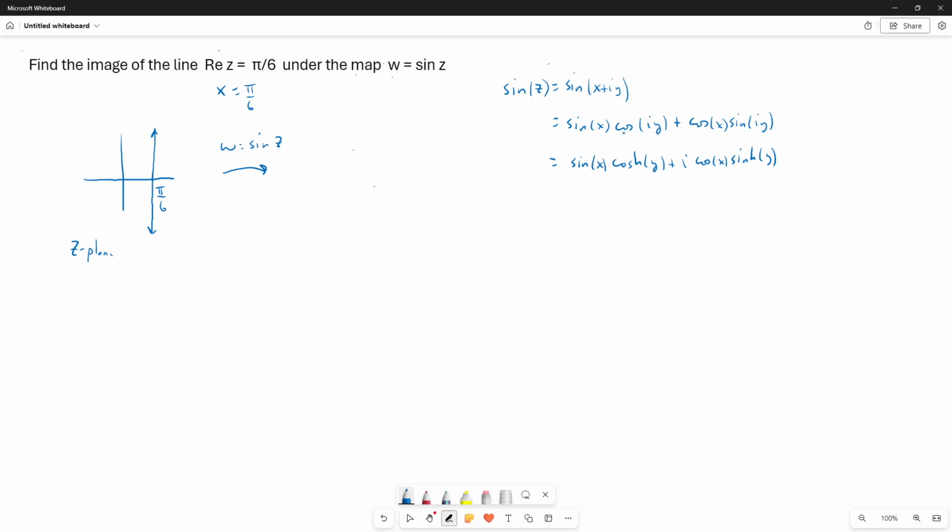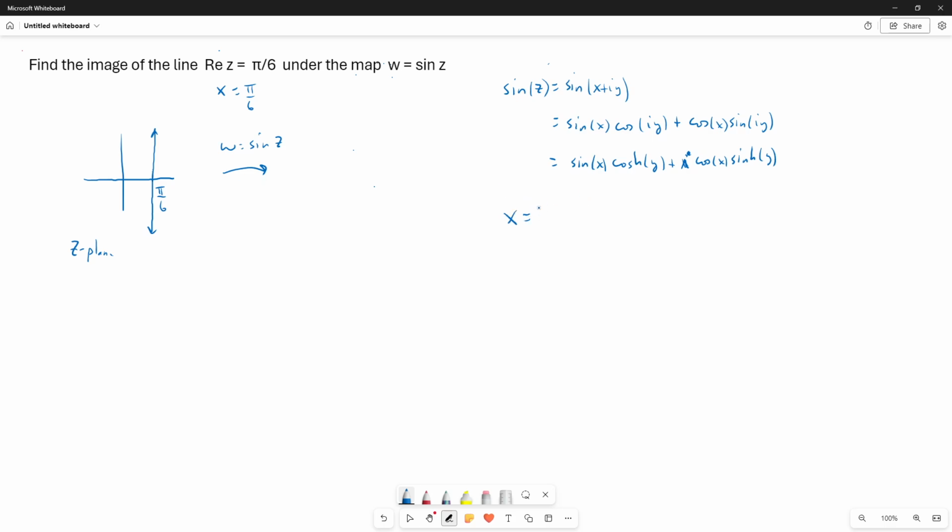So sine x cosine iy is sine x cosh y, and cosine x sine iy is the hyperbolic sine of y times i. So this is the complex sine function, the sine of z: sine of the real part, hyperbolic cosine of the imaginary part, etc. So in our situation, we have x equals pi over 6.